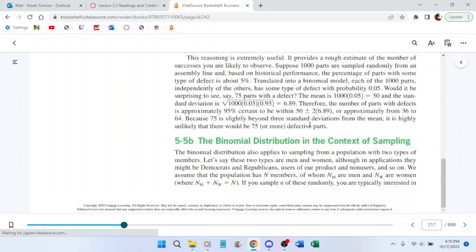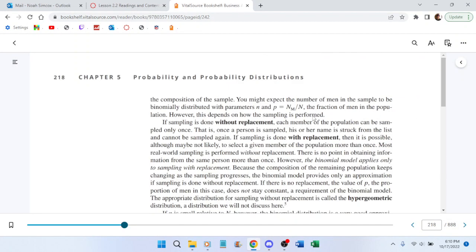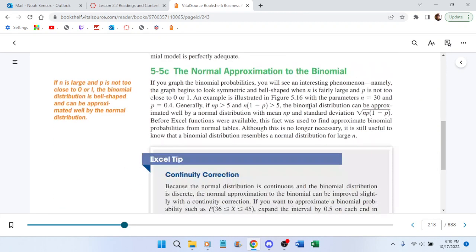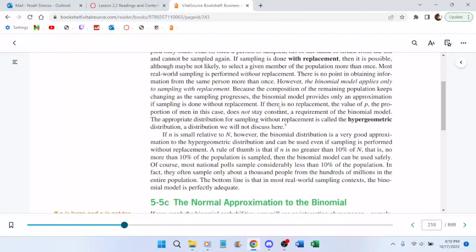Isn't the capital N the full population, and then lowercase n is the sample? Yeah. Why? How does that make sense? They say if the sample size is small, then the binomial distribution is a very good approximation. If n is no greater than 10% of N, then the binomial model can be used.